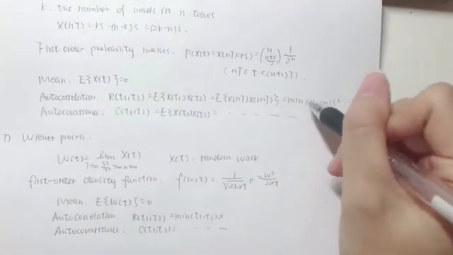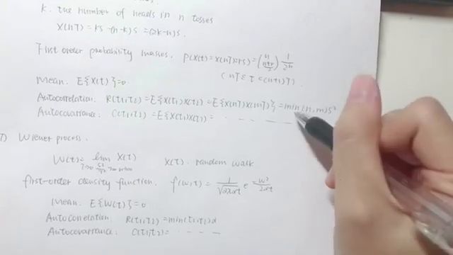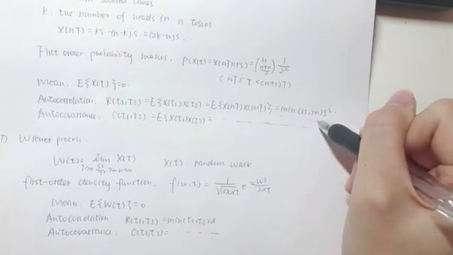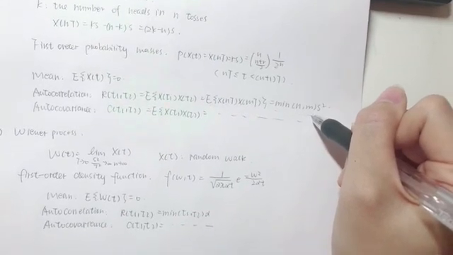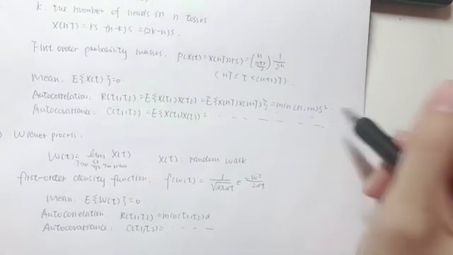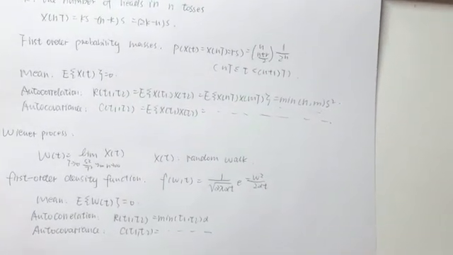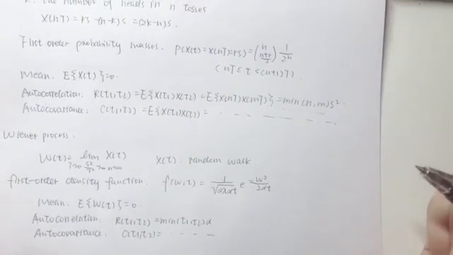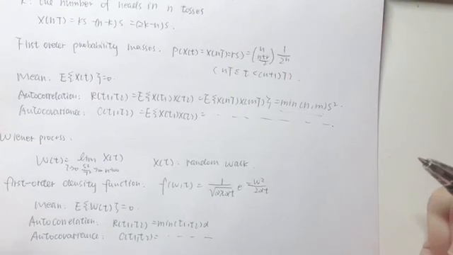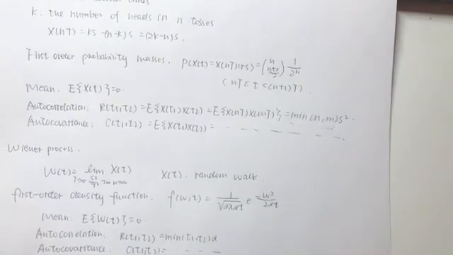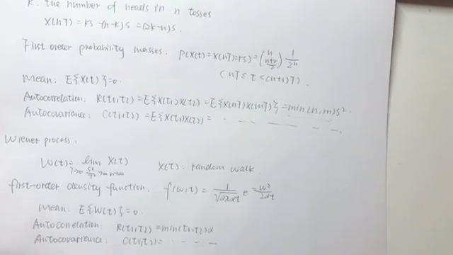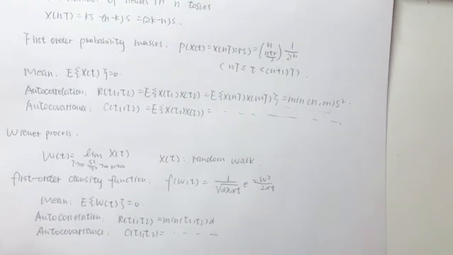It contains a part of the minimum of n and m, and it looks like the expression we've seen in the property of the independent increments.